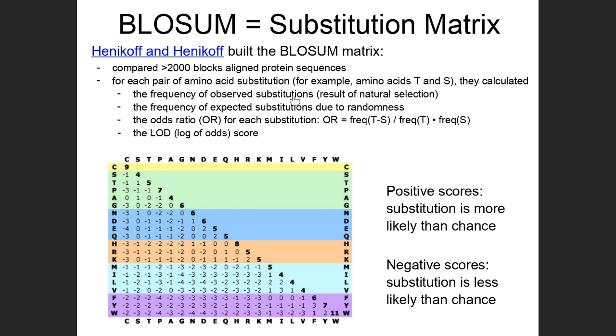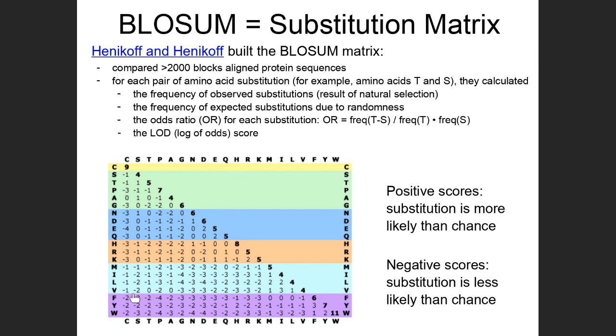Maybe you substituted chocolate by dark chocolate. No, it didn't change that much, and then maybe it's close to the randomness one. And they calculated the odds ratio, how often these things substitute one for the other in comparison to if it was random versus if it's not random.